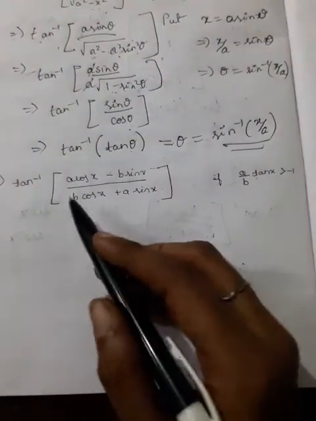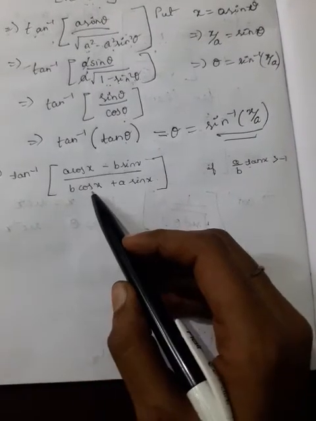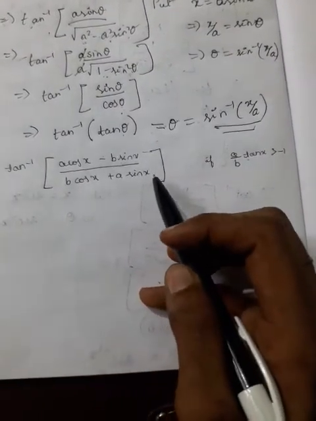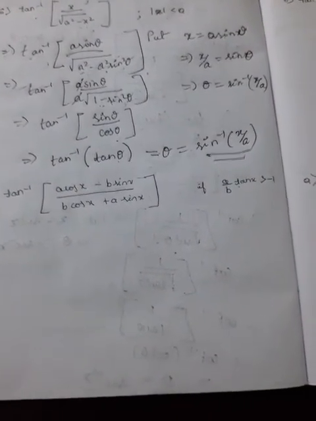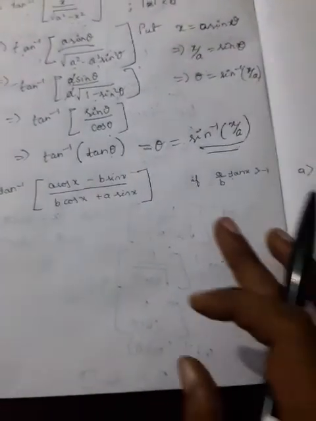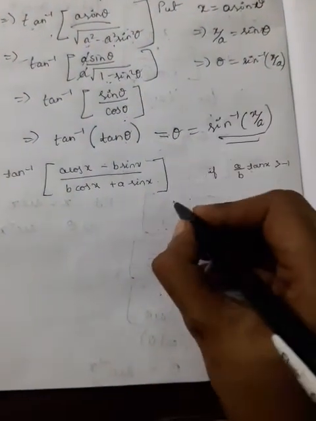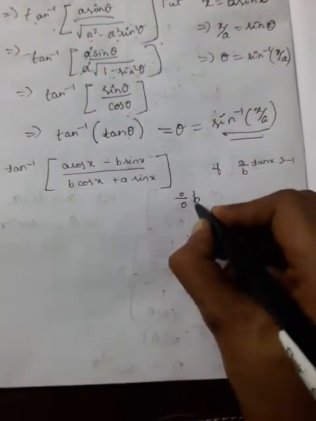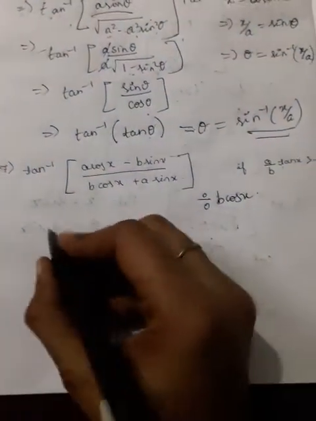For the next problem, tan inverse of a cos x minus b sin x divided by b cos x plus a sin x. First, divide the whole term inside the bracket by b cos x. What is left?